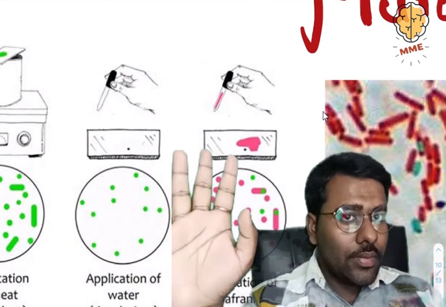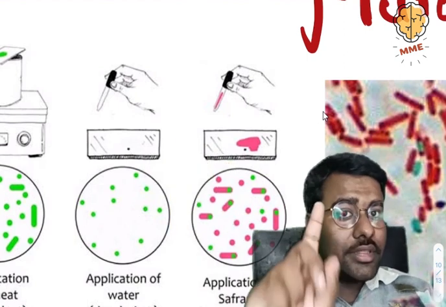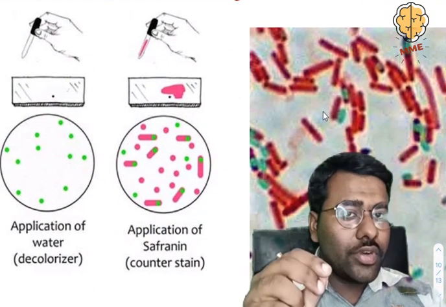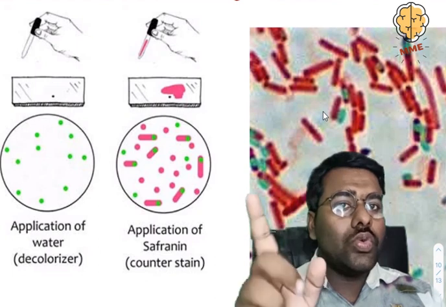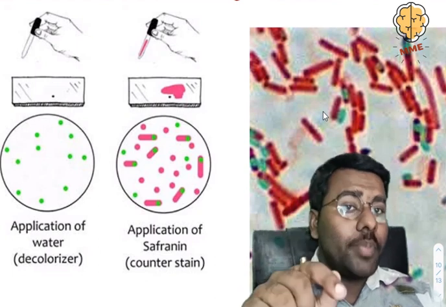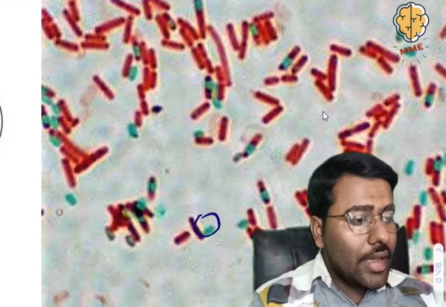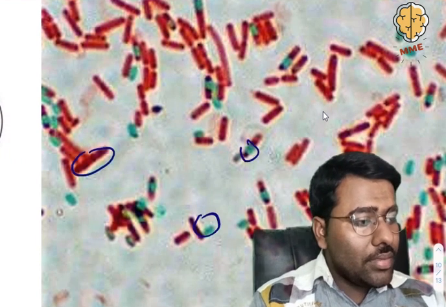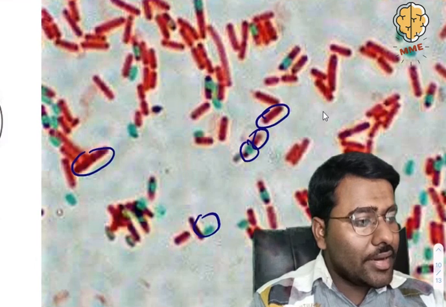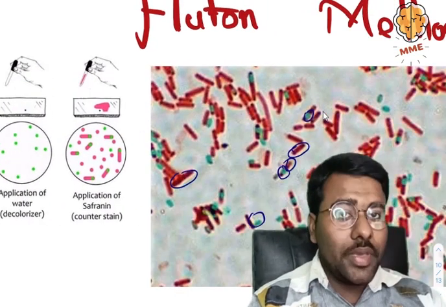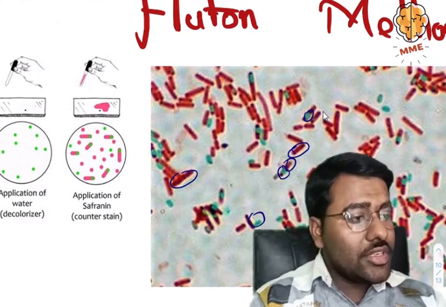The whole malachite green is gone, but the spore retains the malachite green, and after that we use the counterstain, safranin, to stain the bacteria pink. Okay, so the green one is the spore and the red one is the bacteria. So this is the Fulton method.